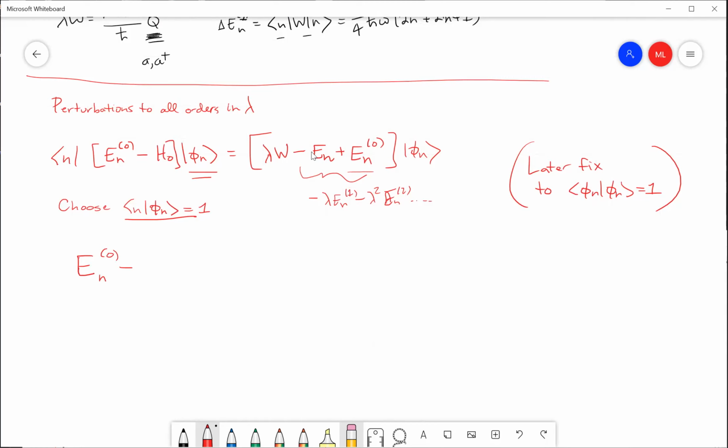So this will just give me, if I act with it on the left with ⟨n|, then I'll just get En0 minus En0, because this is the unperturbed Hamiltonian. So that'll just give me 0.